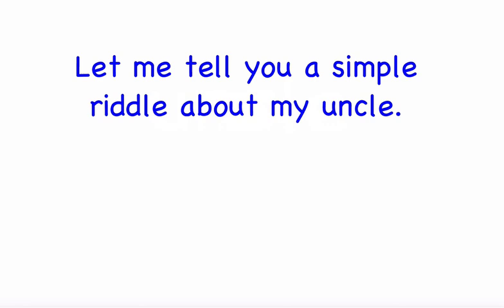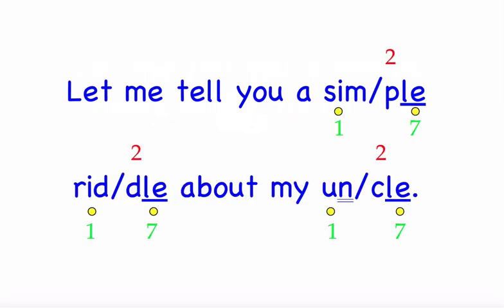Riddle. About my uncle. Uncle, 2 sounds. Cull, 2 sounds, K, ul. Uncle. Let me tell you a simple riddle about my uncle, and mark the words in this sentence. Let me tell you a simple riddle about my uncle. And N is double underlined in uncle because it's representing its second sound. When N is followed by K or G, N represents its second sound.